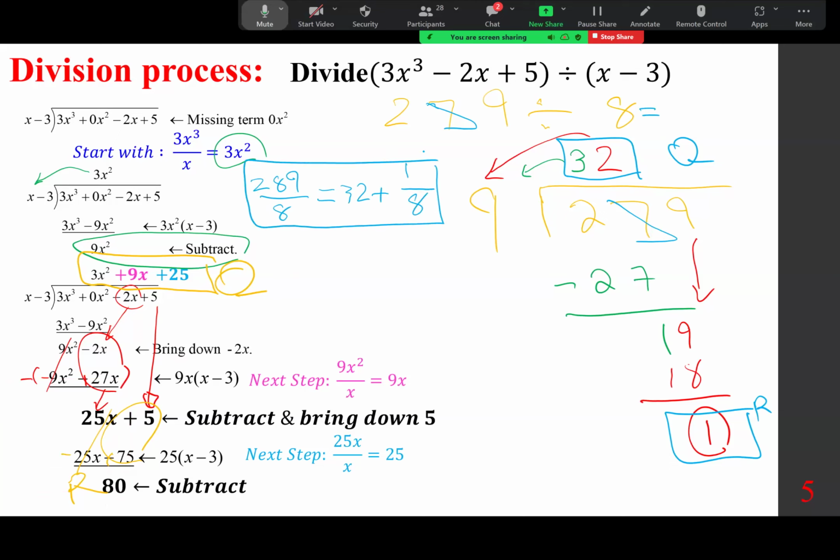That's one way to say it. Let me actually erase, so let's see if we can somehow keep this one, 289 divided by 8.